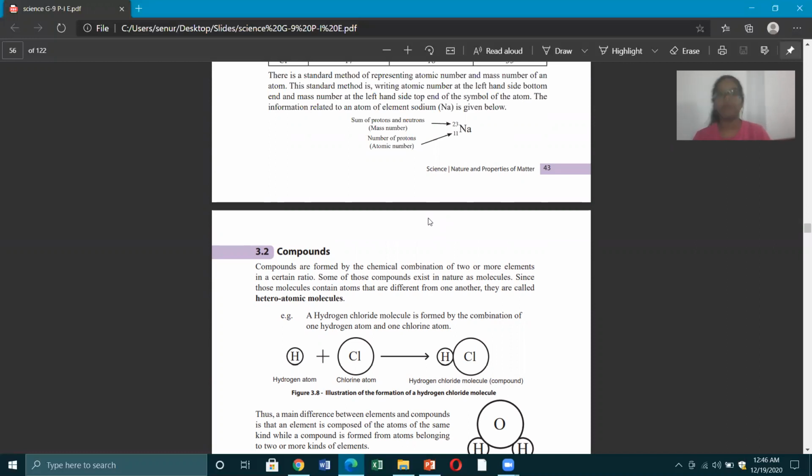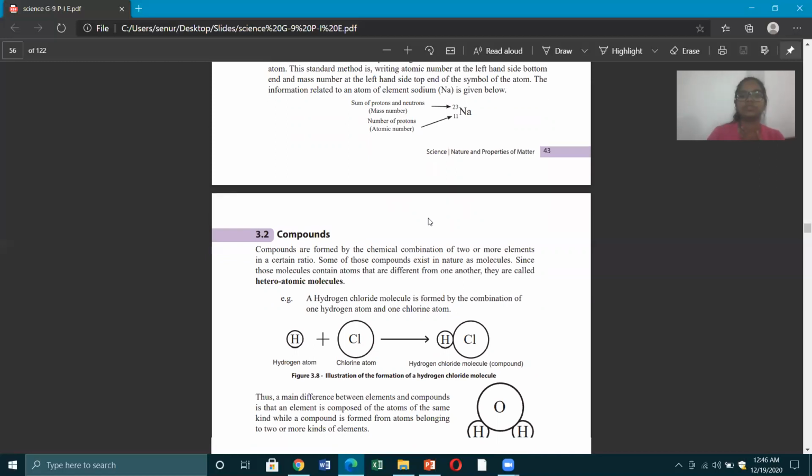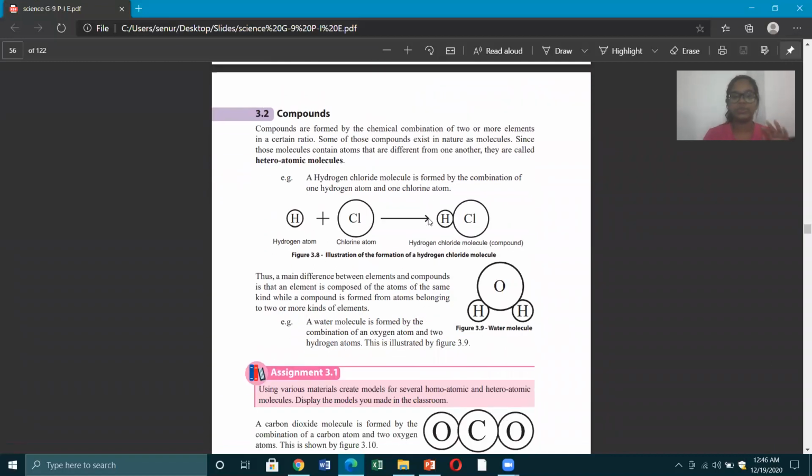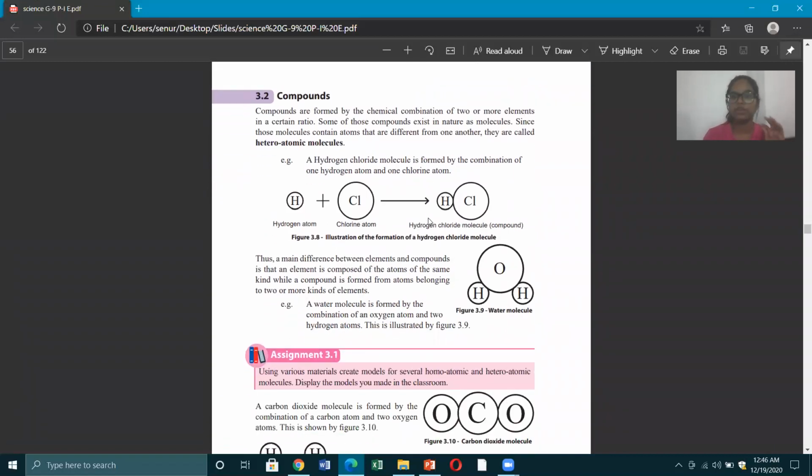Okay, a quick recall: mass number is the sum of protons and neutrons, whereas atomic number is the number of protons. That's where we stopped last week.